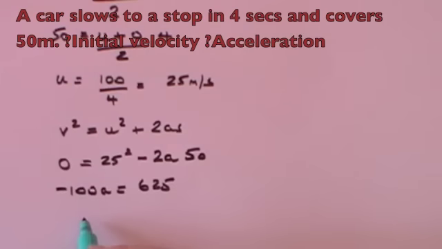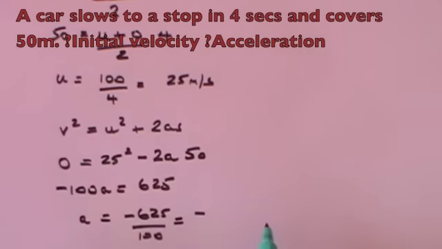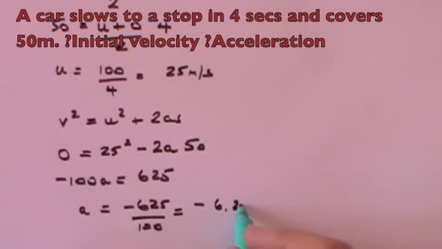And that means, of course, that a is minus 625 divided by 100, which is minus 6.25 meters per second squared. So minus tells you it's decelerating, which of course it must be because we're slowing down.